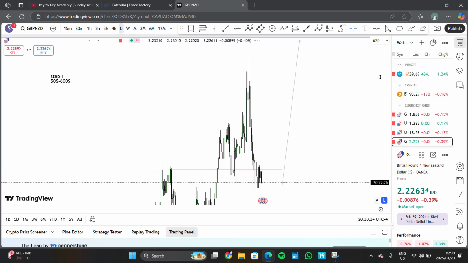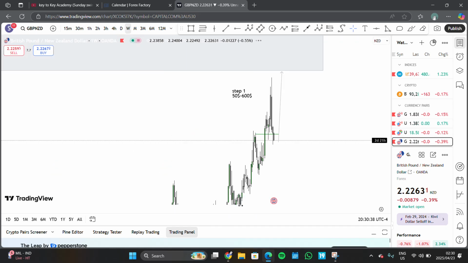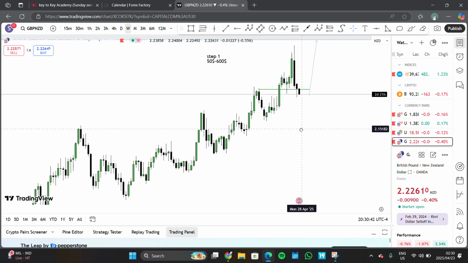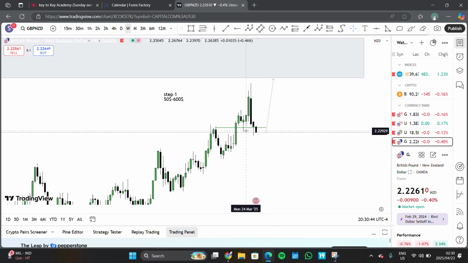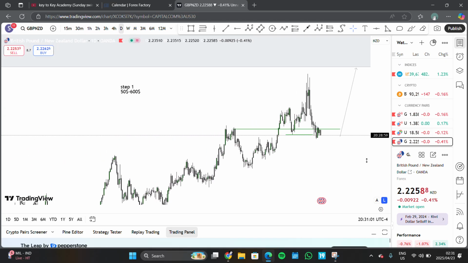Then we come to GBP NZD. Still looking for bullishness in price, but price isn't giving me that. So we'll see what happens, because now it seems like price is taking that liquidity, even though this weekly candlestick did take this liquidity, but it still has momentum to the upside, which is fine.